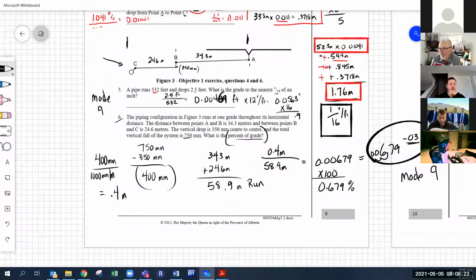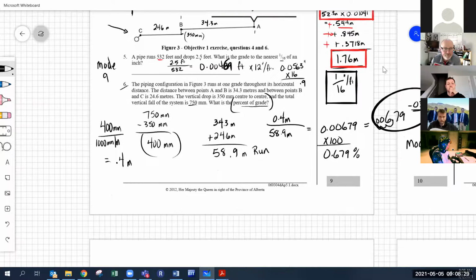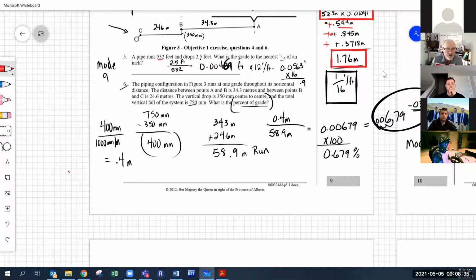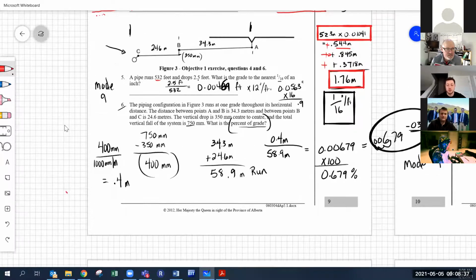Brett, I asked you to do it. Could you go over it again? The same question? Okay. I will just use a different color to highlight what I did here. So this question, number 6, is referring to this picture up here, figure 3. So we have the first run right here is 34.3 meters.